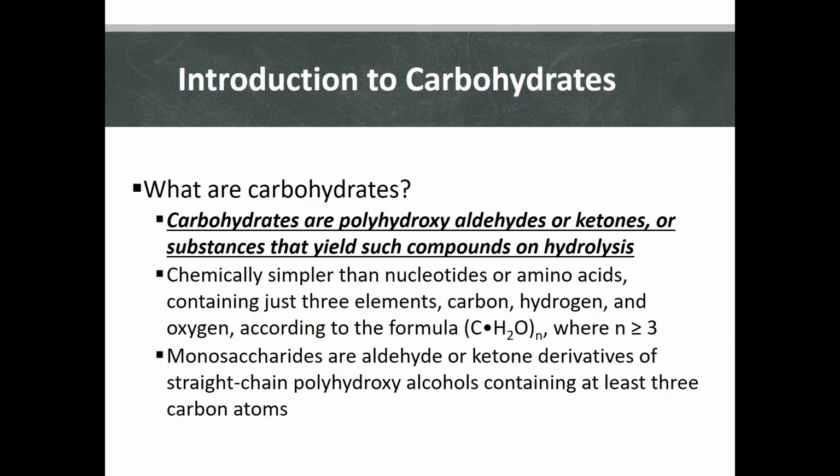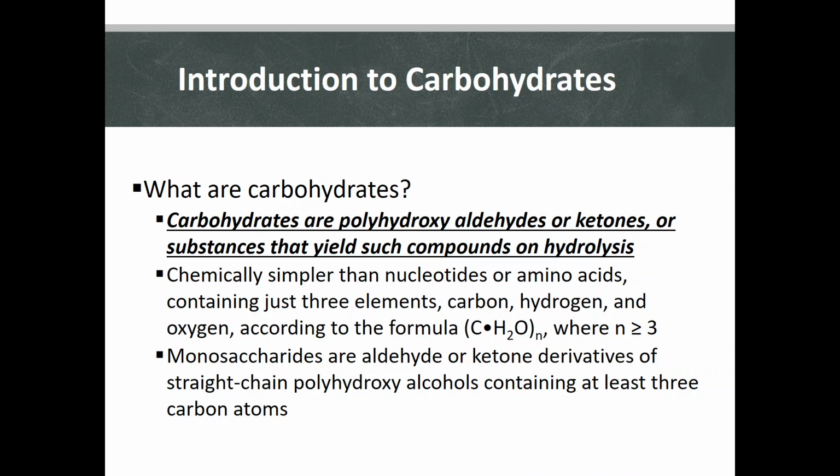You're going to see that chemically speaking, they are simpler than their nucleotide or amino acid counterparts, where the nucleotides and amino acids have carbon, hydrogen, oxygen, nitrogen. And in the case of nucleic acids, you'll see phosphorus show up. Here, in the carbohydrate, you just have carbon, hydrogen, and oxygen.